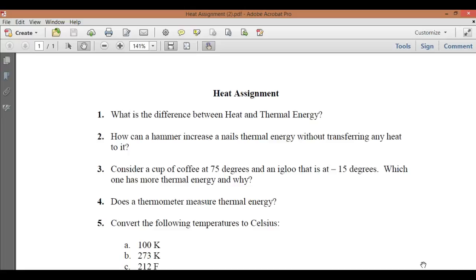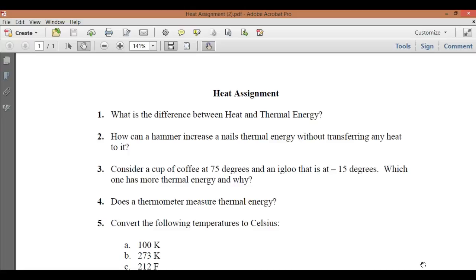How many people say the igloo? How many people say the coffee cup? It's definitely the igloo. Are the particles moving faster in the igloo? No. There's more of them. Because there is more of them, there's more thermal energy.